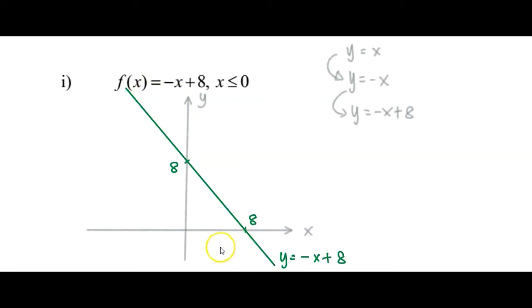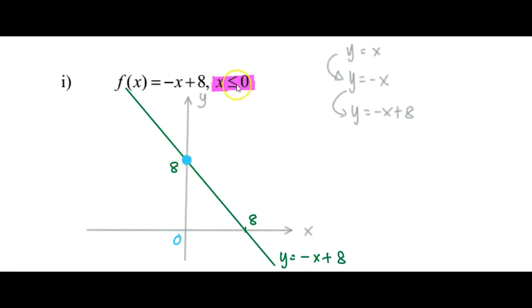Now the domain of the function is x less than or equal to 0, meaning that our graph will be cut at x equals 0. I'm using the dense circle to cut the graph into 2 parts.